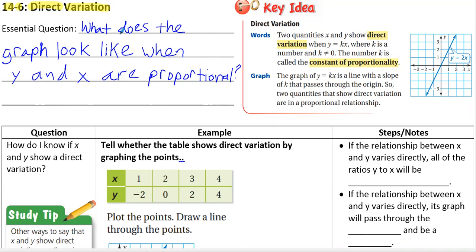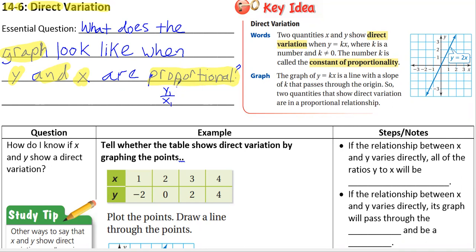We'll get to that. What does the graph look like when y and x are proportional? I know some of you still are like, I don't want to learn the words. What does proportional mean? It means that if you had some y to x, some value y, we don't know what it is, we'll call it y1 and x1, the first x and y value.